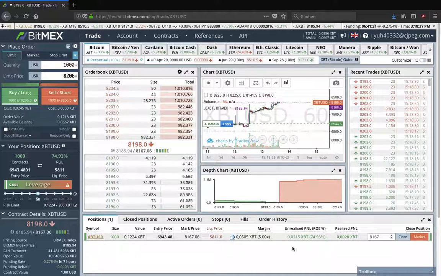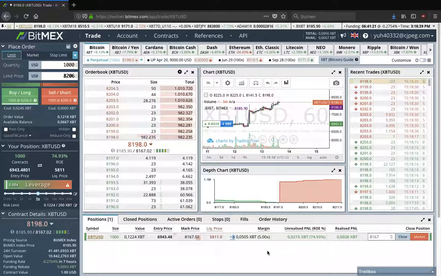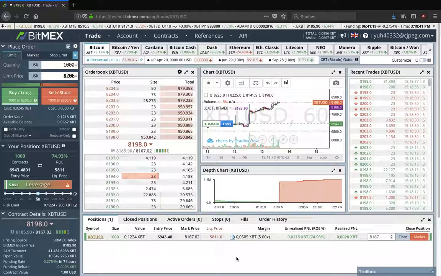So if you add this up or subtract it, you only need about 0.03 Bitcoin from your balance as your requirement here, because you're in profit now, which is also the difference between your total balance and your available balance. That's a nice feature from BitMex: the more you are in profit, the less margin you have to actually put from your balance.